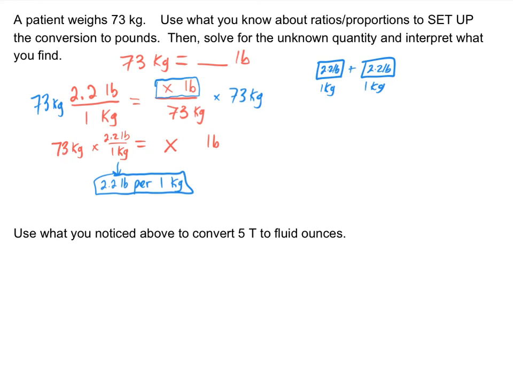And we know that each one of those kilograms, if we were to break it into these blocks as I was doing up here, each one of them would be plus 2.2, plus 2.2. And we would do this a total of 73 times because we have 73 kilograms. So what operation is this? This is 73 times 2.2.